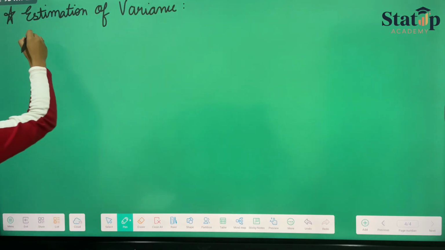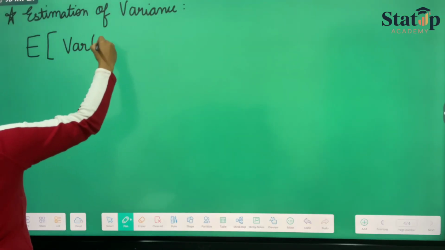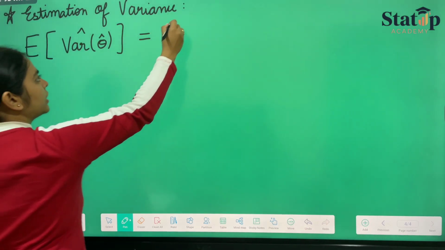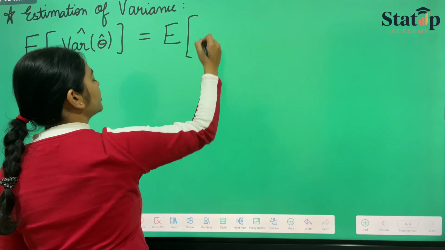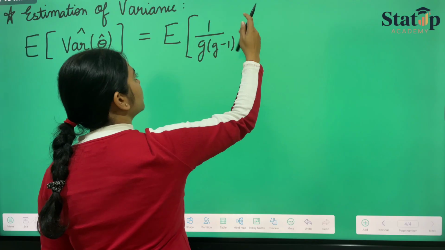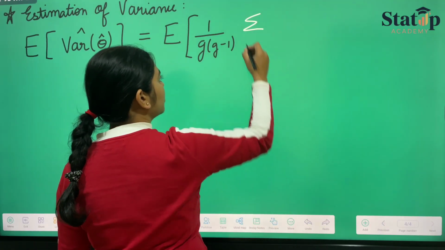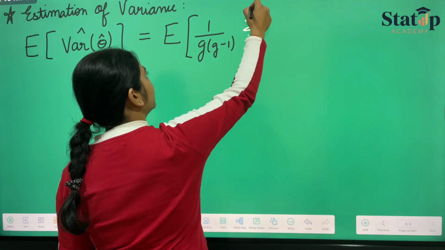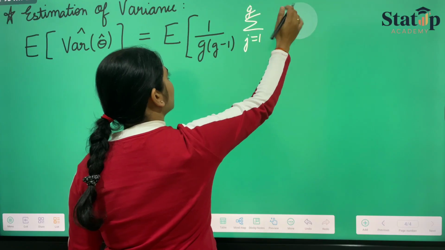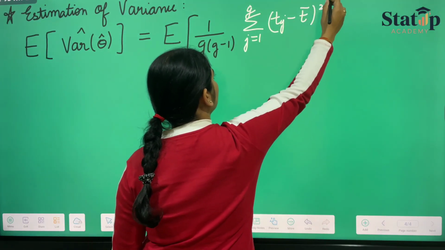If we take expectation of variance, we can write it like that, variance of theta cap, which can be written as expectation of 1 upon g minus 1 summation j goes from 1 to g, tj minus t bar whole square.